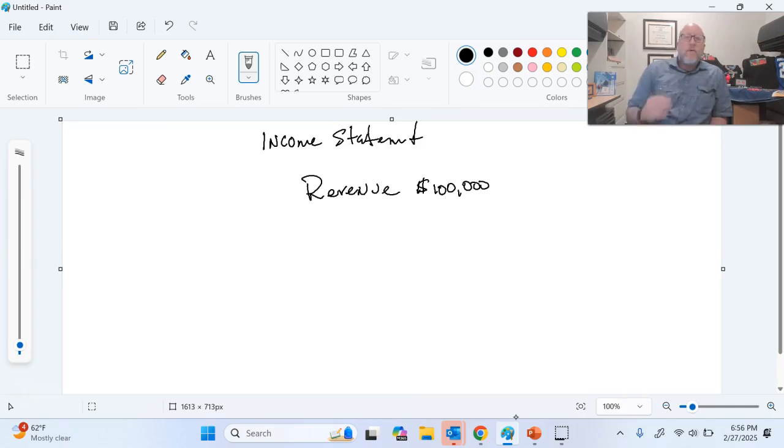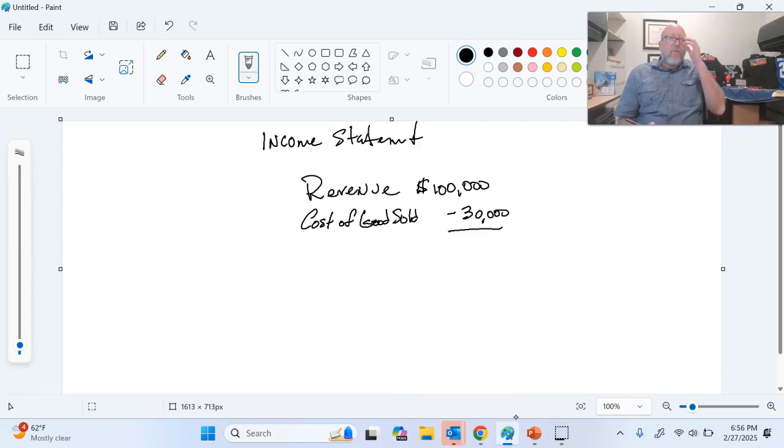Now, a new line item, an expense, is called cost of goods sold, and I'll just make a number up. We can call this $30,000. Cost of goods sold is like if I'm Walmart and I have a row of Barbie dolls that I'm selling to consumers, the cost of the Barbie dolls.